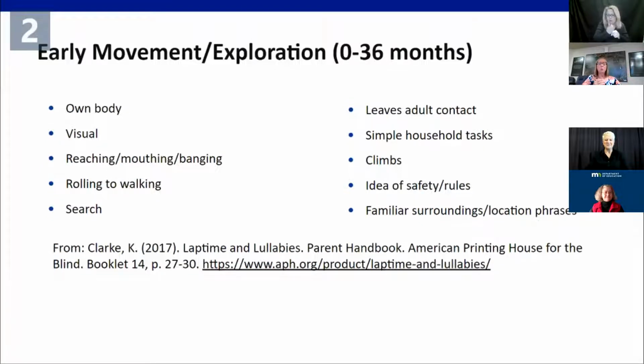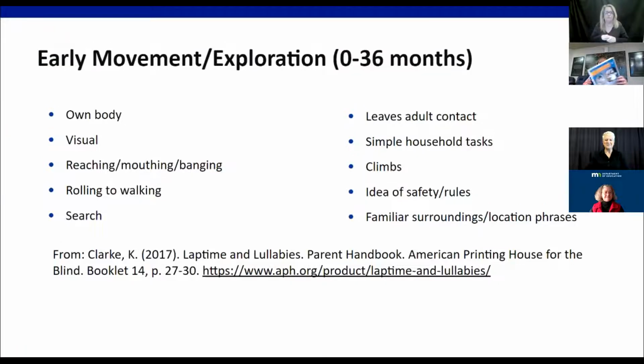So one thing I do want to spotlight a little bit is in the Lap Time and Lullabies, there is an emergent literacy developmental milestones, which covers really all the areas we just talked about and then some. The Lap Time and Lullabies looks at literally all the developmental areas, including sensory, exploring the world, using hands for fine motor, all kinds of things.